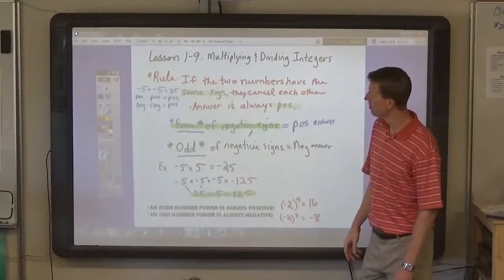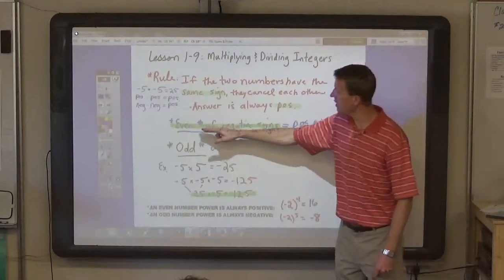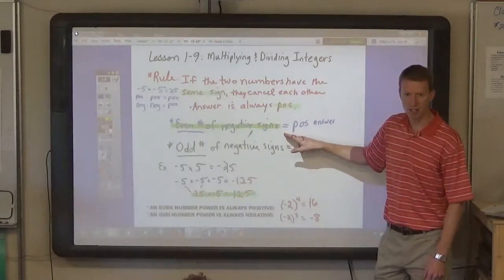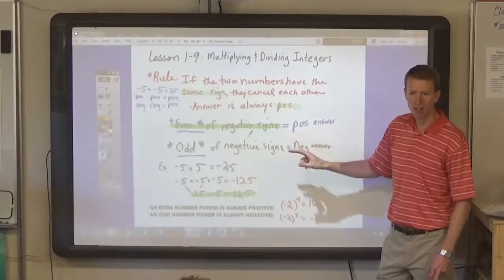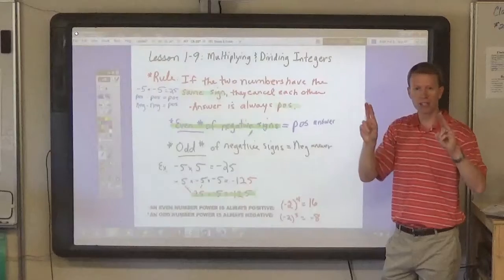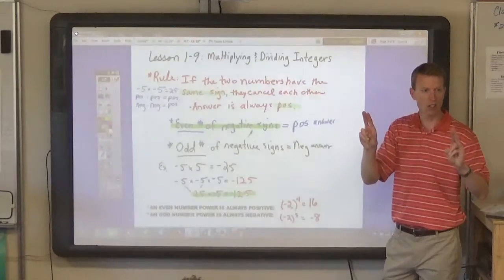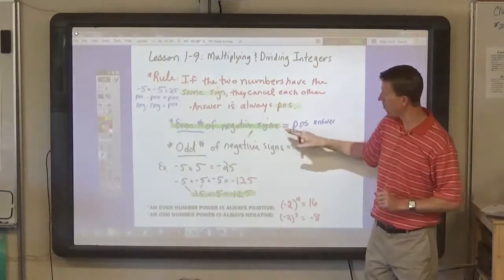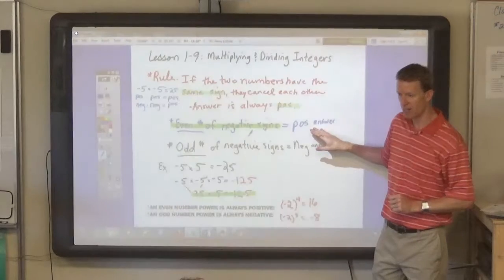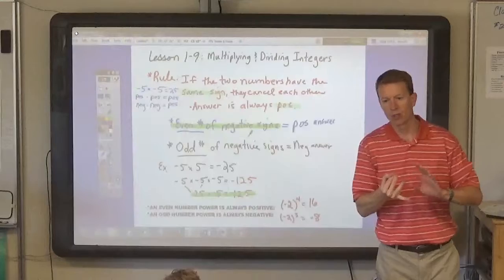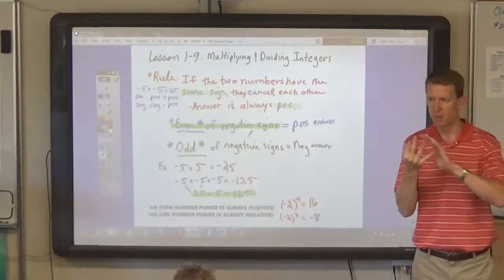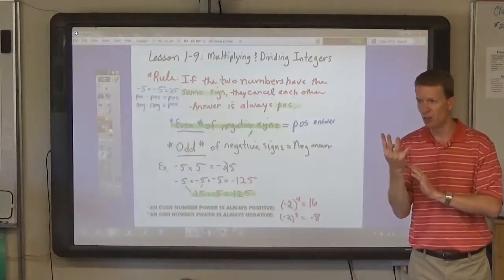Now that means that if you have an even number of negative signs that you're either multiplying or dividing, the even pairs will always equal a positive answer. So for example, negative 2 times negative 2 times negative 2 times negative 2.